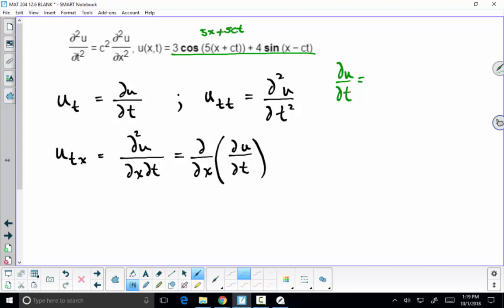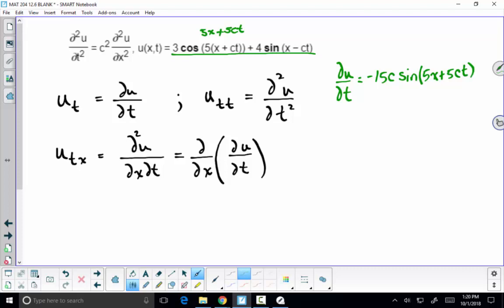So we're going to end up with minus 15c. So that's the partial of the inside, and then sine of 5x plus ct. I'm just going to write it like that.